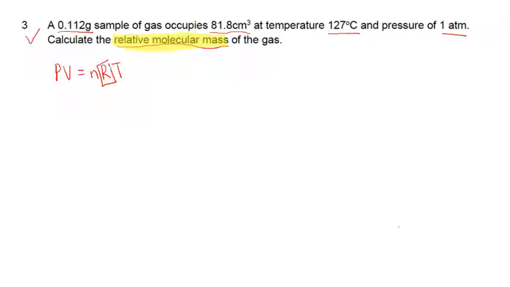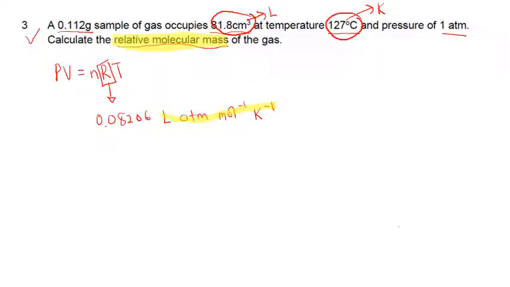R is the gas constant, and the gas constant that we always use is 0.08206 liter atm per mole per Kelvin. When we focus on the units here, we know that we need to convert the 81.8 centimeter cube to liter, 127 degrees Celsius to Kelvin, and the pressure of 1 atm we can maintain.